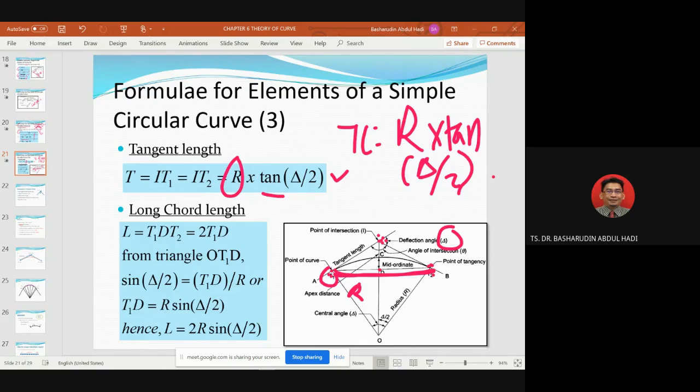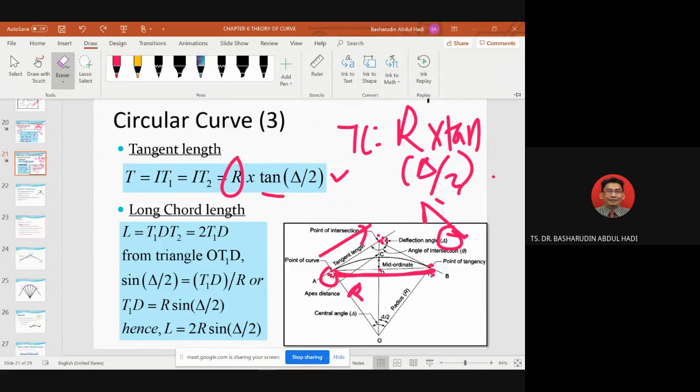It equals 2 T1 times D, equal to 2 tangent lengths times D, this D. From the triangle OT1D, you can see that... let me scrap this first. We erase this one first.